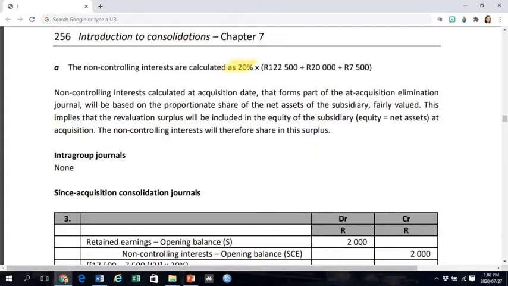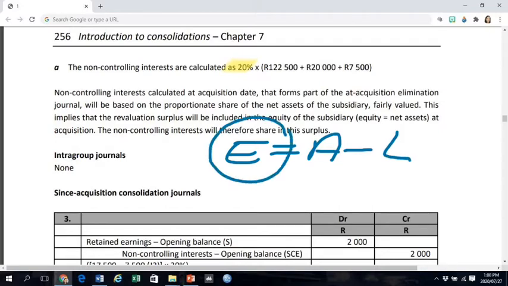From the accounting equation, equity equals assets minus liabilities. So the total equity at acquisition date represents the net assets of the subsidiary at that date. The 122,500 Rand was given as share capital and the 7,500 as retained earnings.